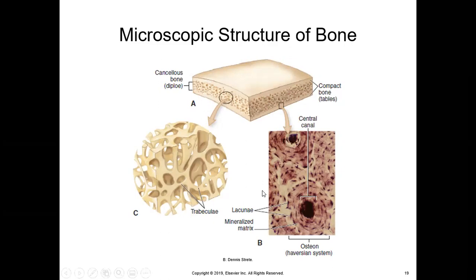So here this whole thing is an osteon, and each osteon has a central canal. That's where the blood flow and everything comes through. And each one of these small areas here are the bone cells, and they're set in an open cavity called the lacuna.